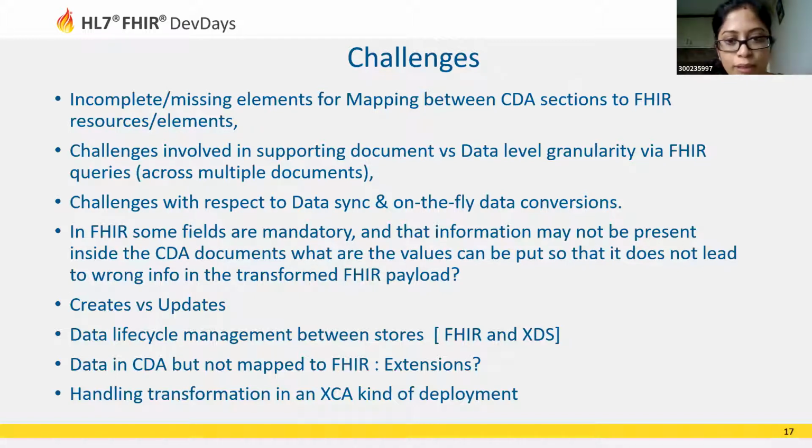And how do I enable FHIR queries to access data from different documents, yet preserving the source? So there are a few challenges with respect to that, but definitely not unsolvable. But we look forward to the community on how we handle multiple documents for a given patient. Whether we provide a gate in the form of authentication and authorization or some other mechanisms, that is something which we are still working on.